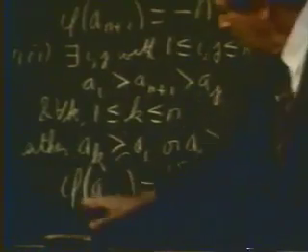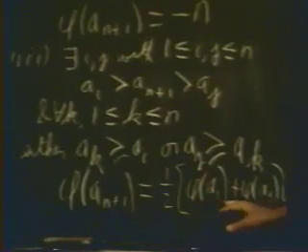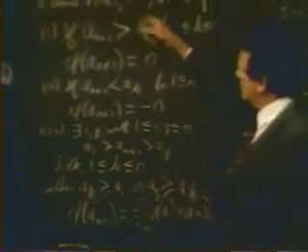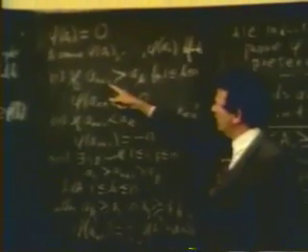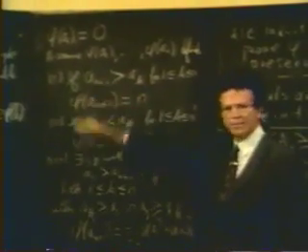That is, phi of a sub n plus 1 is just 1/2 of phi of a sub i plus phi of a sub j. And that takes care, as is easy to show, of the three possible cases we could encounter in the inductive definition of the numerical value of a sub n plus 1.